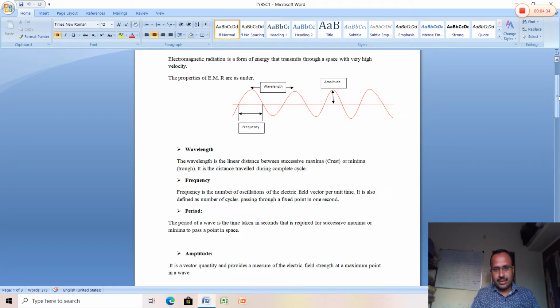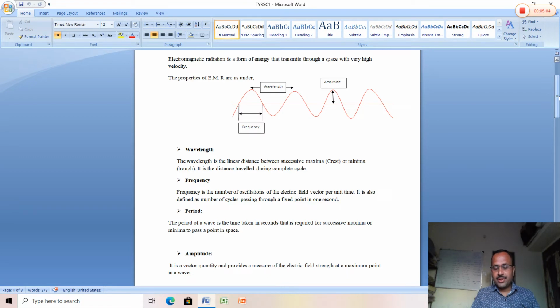Next, frequency is the number of oscillations passing through a particular point per unit time. Again, the period of a wave is the time taken in seconds that is required for successive maxima to pass, that means the successive maxima pass within a particular time in seconds, and that is the period of the electromagnetic radiation.